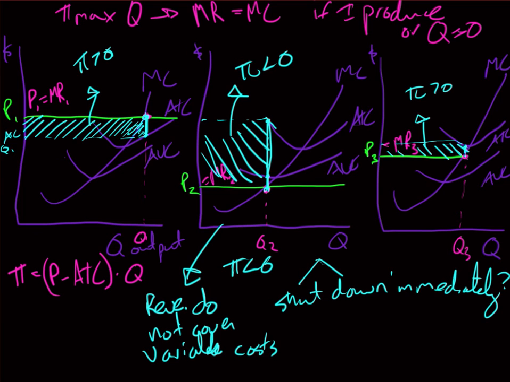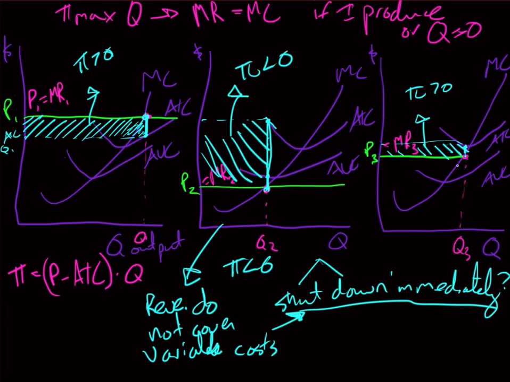So by opening that extra day, you are in fact losing more money. When you can't even cover your variable costs, this is a situation where you should shut down immediately. Okay? Shut down immediately in this situation.